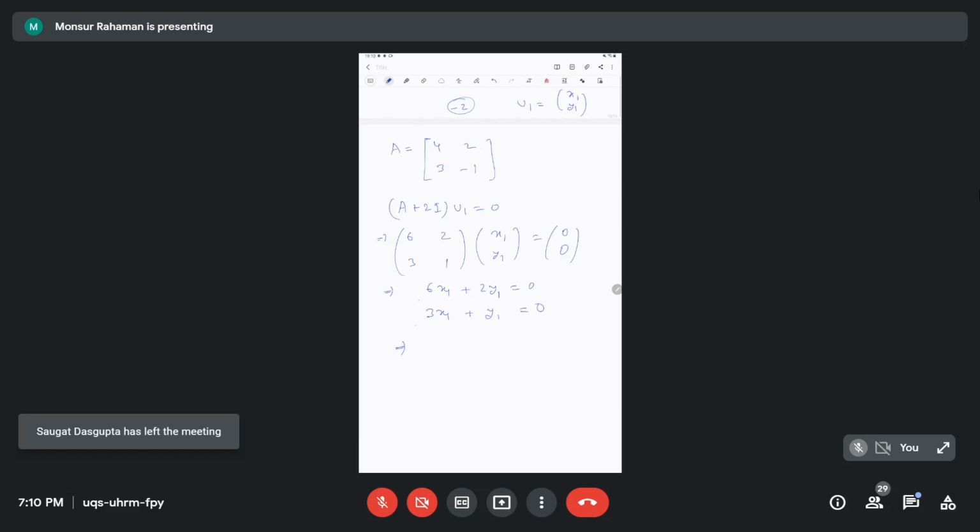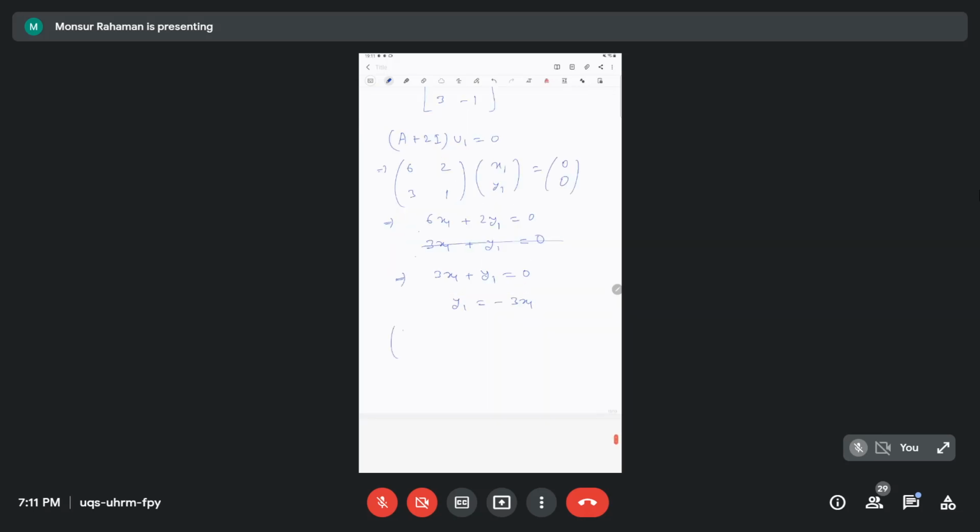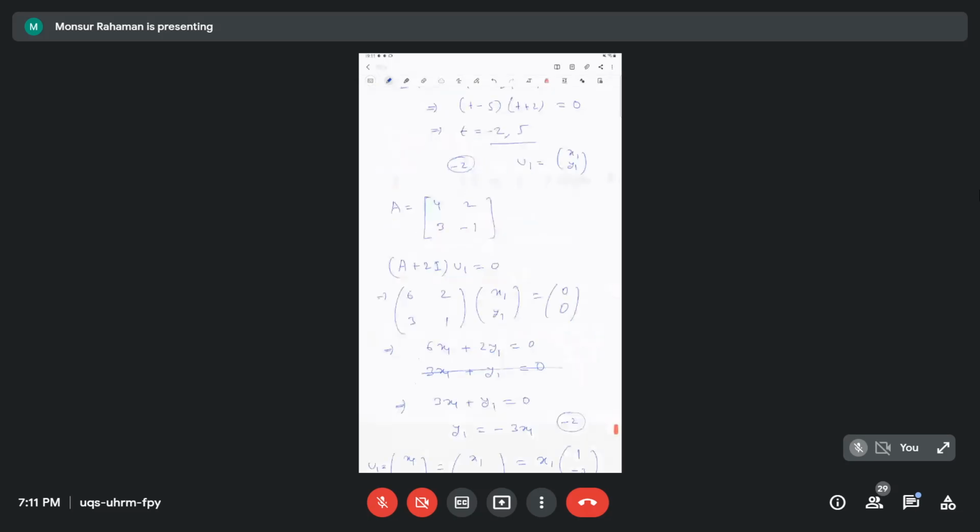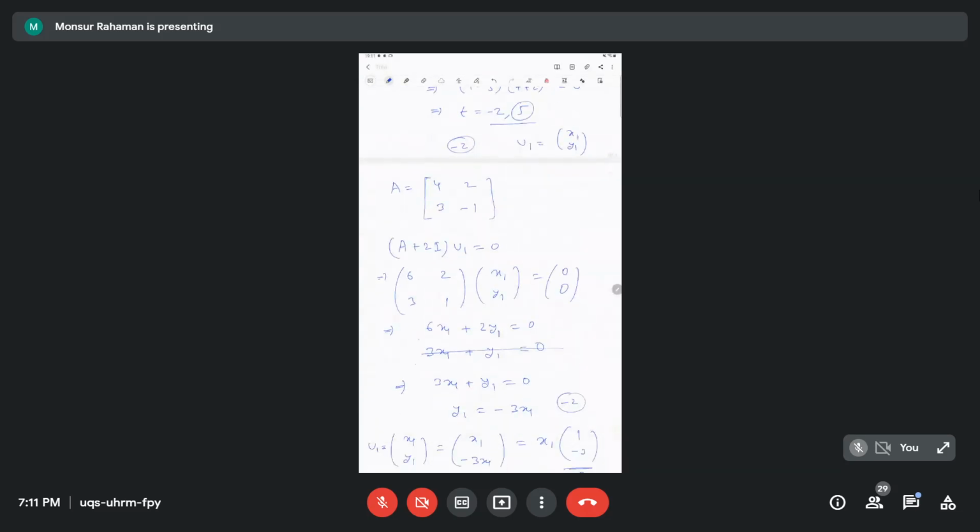So you can cancel this out, and only 3x1 plus y1 equals 0 remains, which means y1 equals minus 3x1. So v1 is (x1, y1), where y1 is minus 3x1. If you take x1 as 1, this is one eigenvector corresponding to minus 2. Similarly, you can find the eigenvector corresponding to 5 the same way.